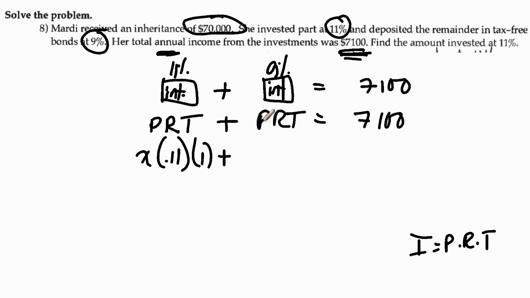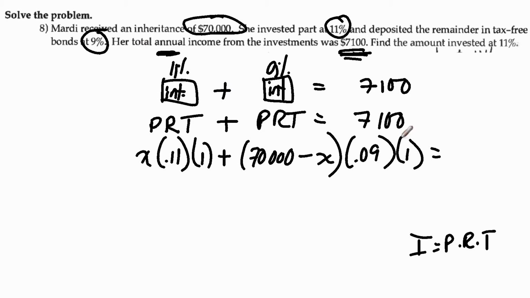Plus, okay, the principal for the other one: if I invest x at 11%, then I have to invest the remainder of it in the other one, right? So this one, the principal will be 70,000 minus whatever I put in at 11%, times the rate. This rate is 9%, times 1 year. And all that has to add up to 7,100.